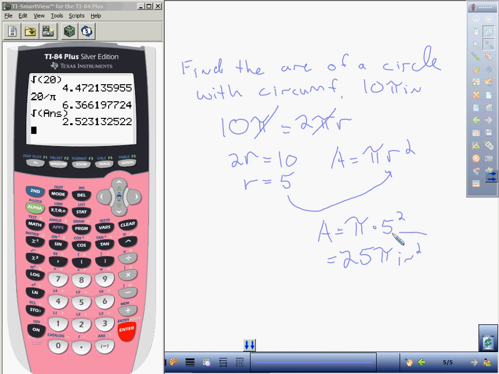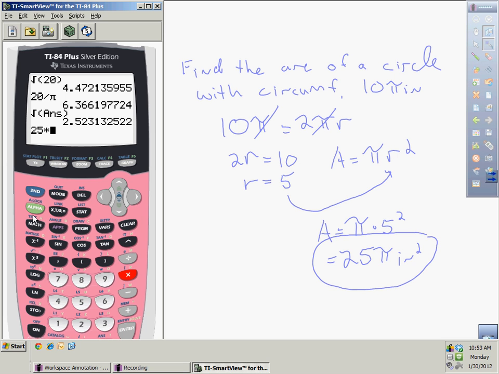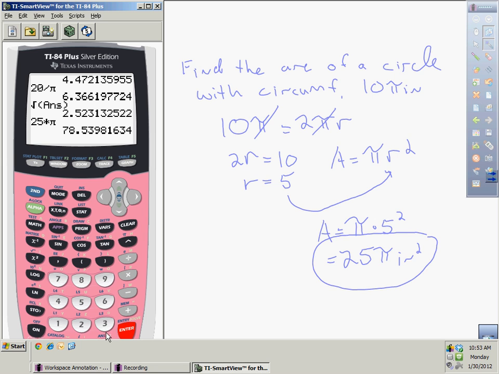And this is an exact answer. If they say round to the nearest tenth, then you take 25 times pi, and then I would get about 78.53. Okay? Are there any questions?